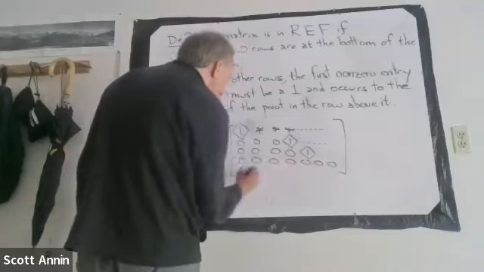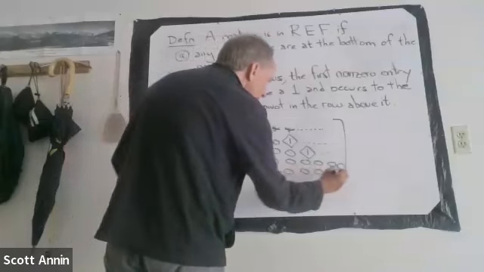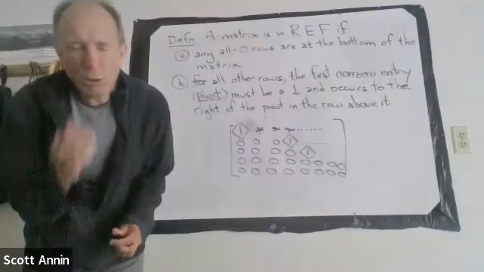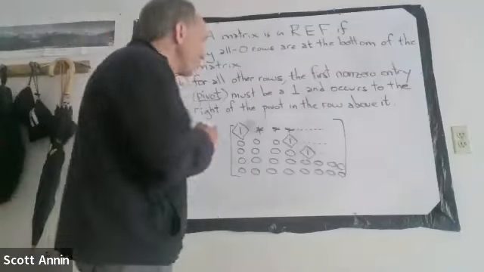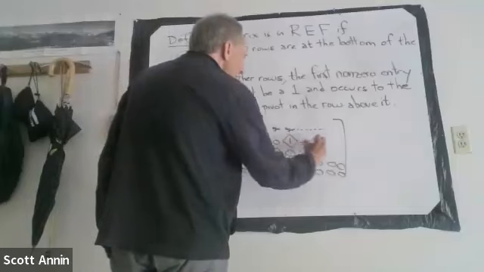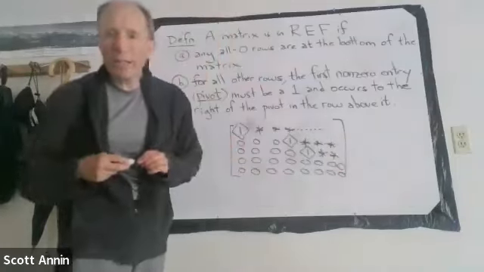And then if we do happen to have any rows of all zeros, we stack those up at the bottom of the matrix. Those are pretty useless information. The rows of all zeros don't really matter so much. But getting these pivots arranged the way I've suggested is really the key.